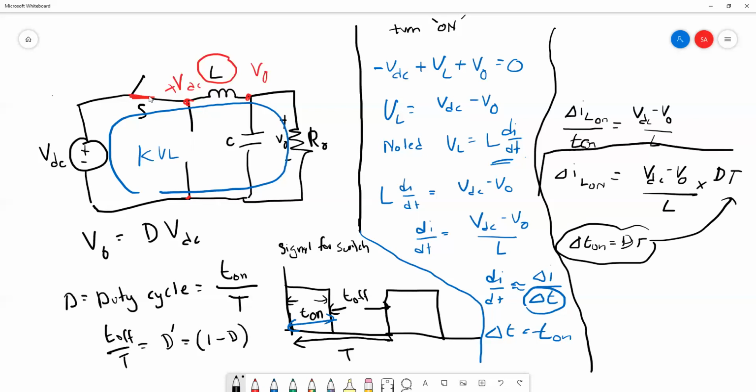So we have the first equation, and we have completed the first analysis during the switch on.